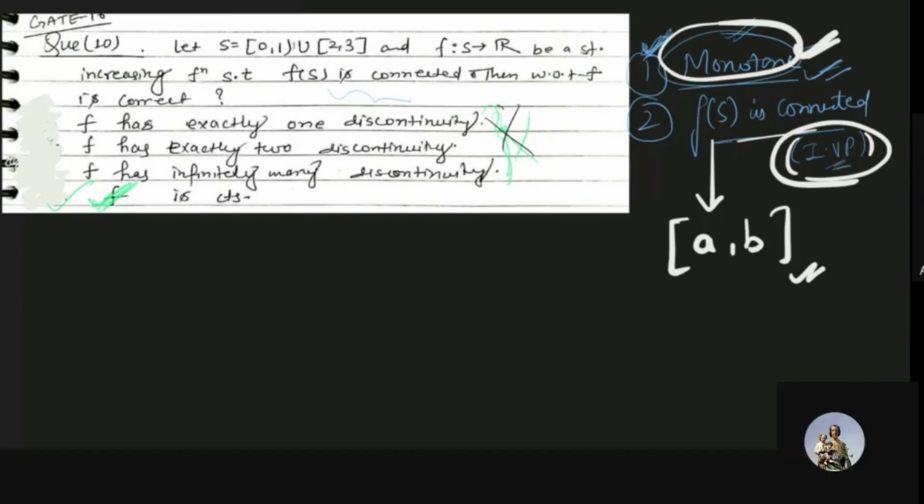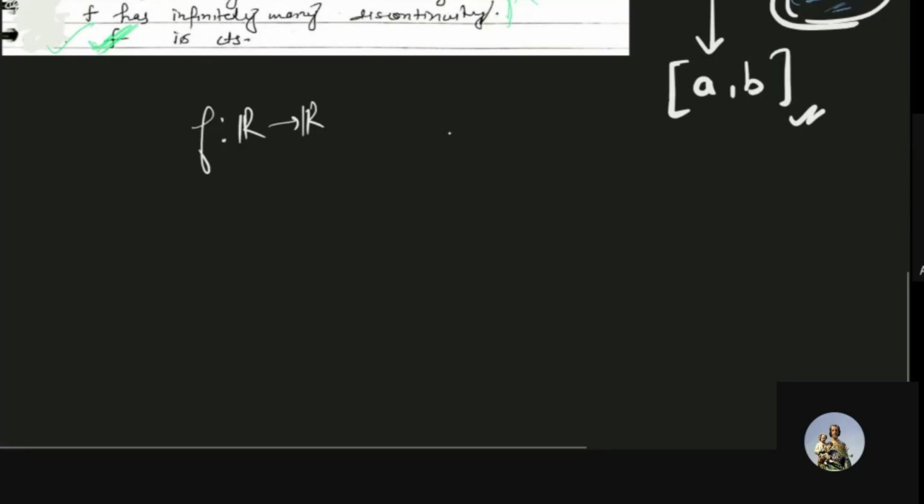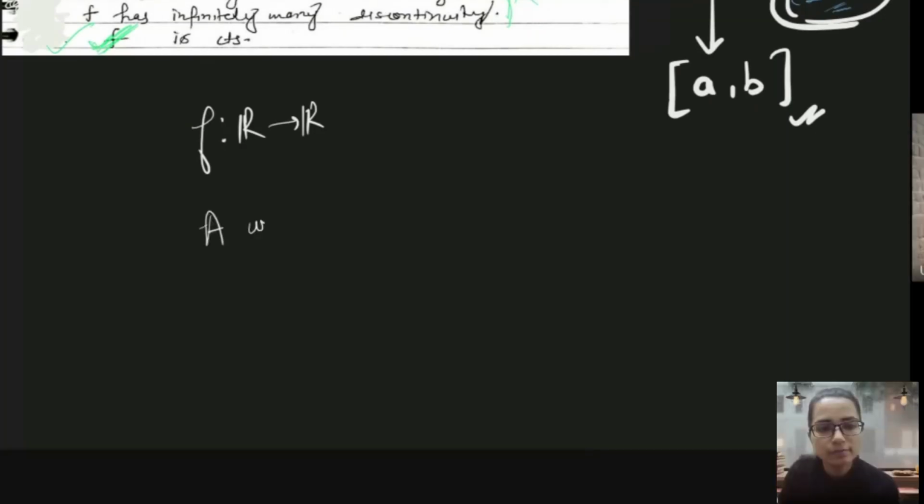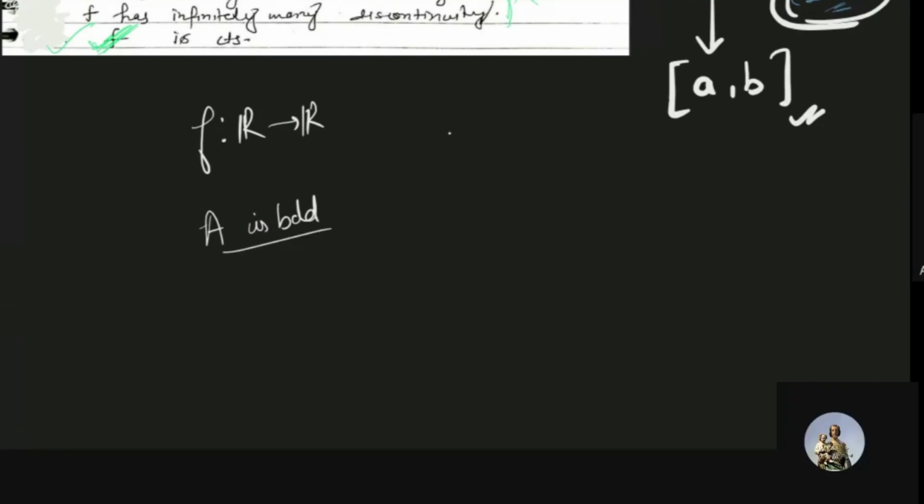Since A is bounded and the function is continuous from R to R, the function will have maximum and minimum values, so f of A will be bounded, right?